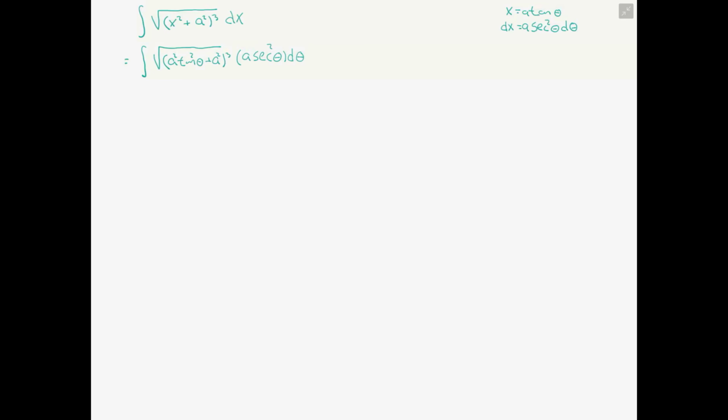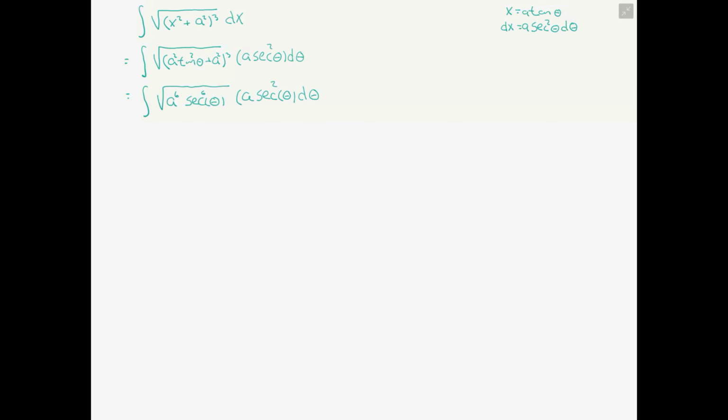Now, when you take a look at this, you realize that this is part of the trigonometric identity, 1 plus tangent squared theta equals secant squared theta. So we have actually in the square root a to the 6th and secant theta to the 6th power, with the a secant squared theta d theta.